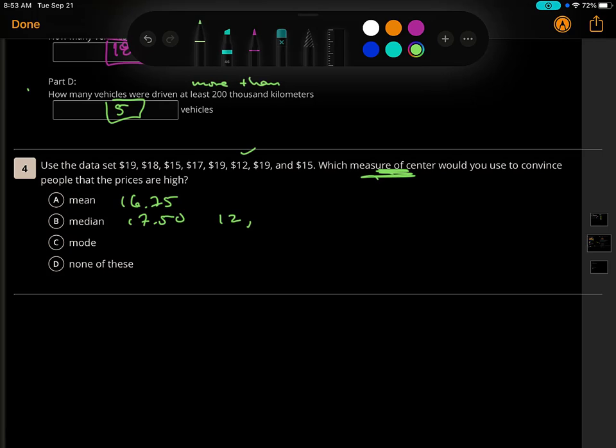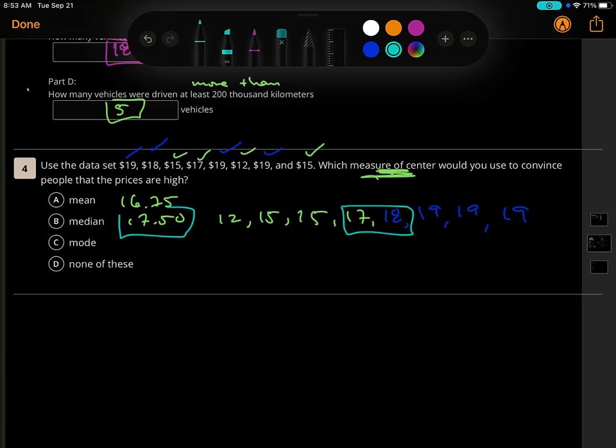So 12, 15, 15, 17. All right, here's the other side. 18, 19, 19. So the median is taking these two middle numbers because it's an even number set and just finding the average.